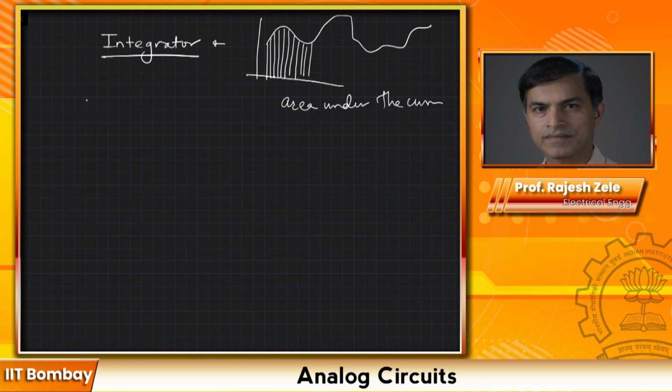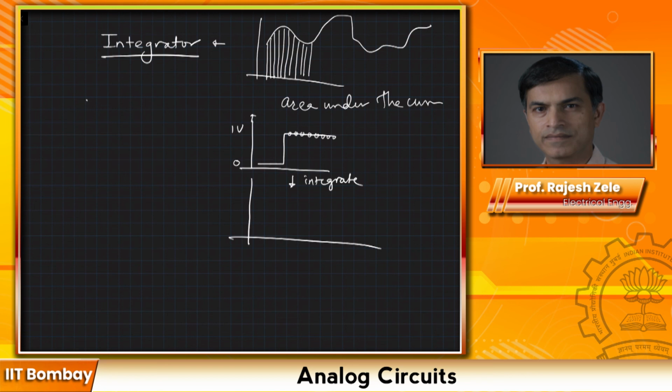So for example, let's say I have a step input that goes from 0 to 1 volt. When I integrate, I would take samples at every point and keep adding. So if I integrate this, I would have 0 to begin with.